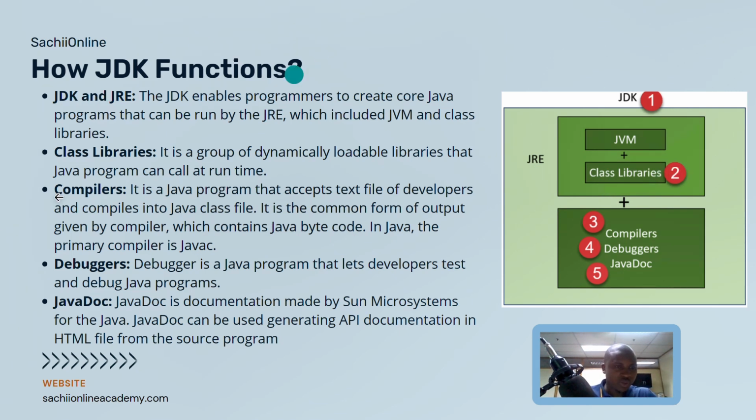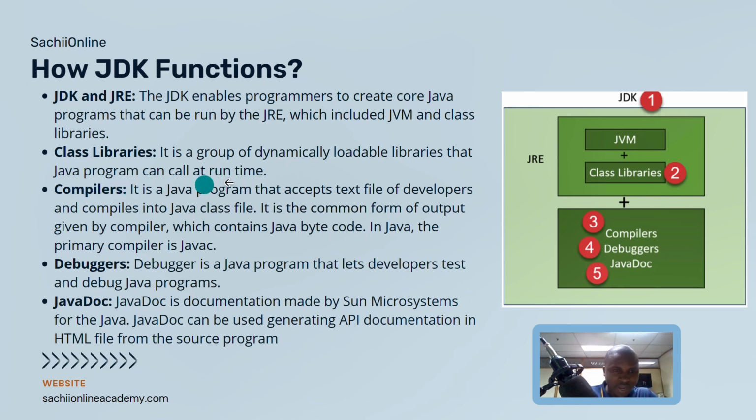So here we've got the JRE. The JDK enables programmers to create core Java programs that can be run by the JRE, which includes the Java Virtual Machine and class libraries, which is here. And then what are these class libraries? It is a group of dynamically loadable libraries that a Java program can call at runtime.